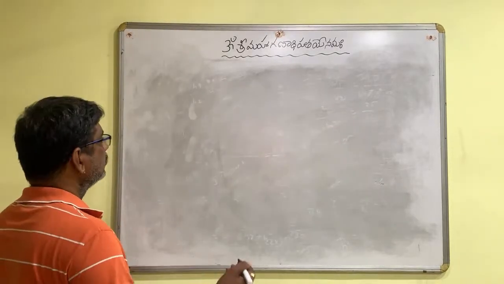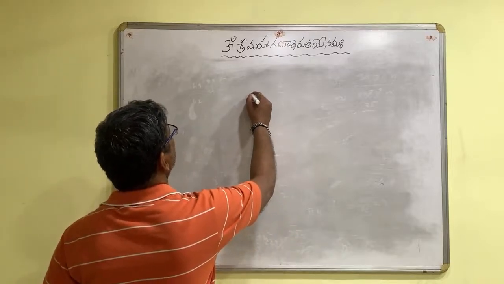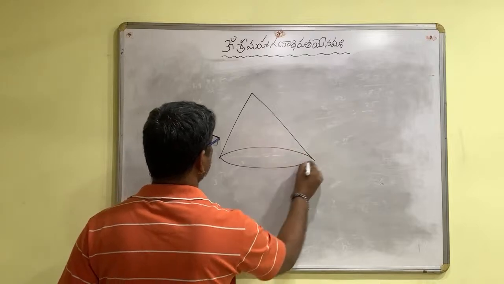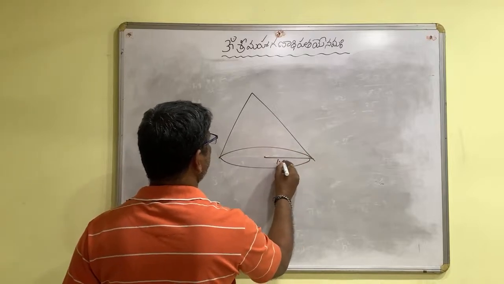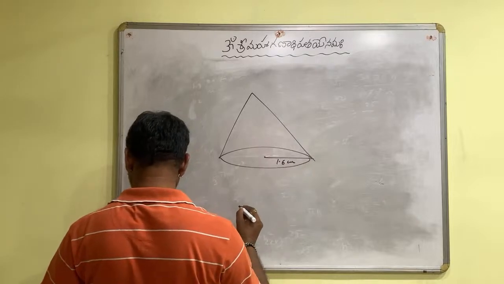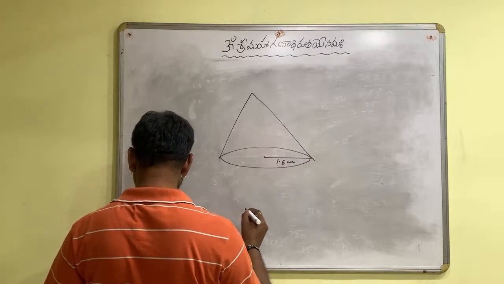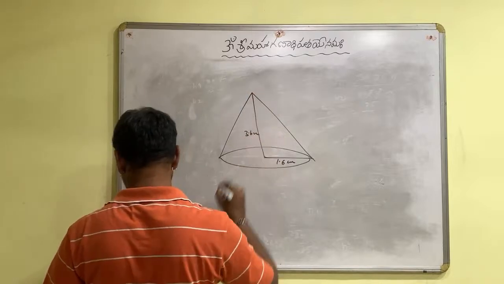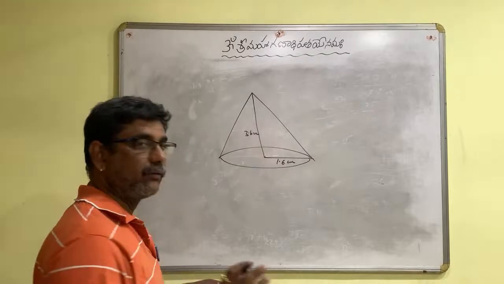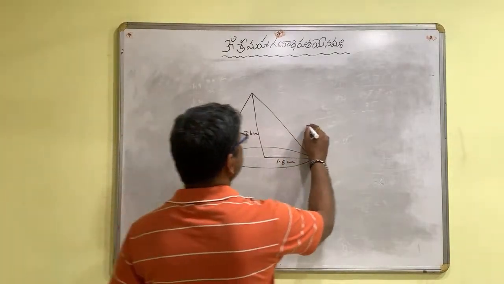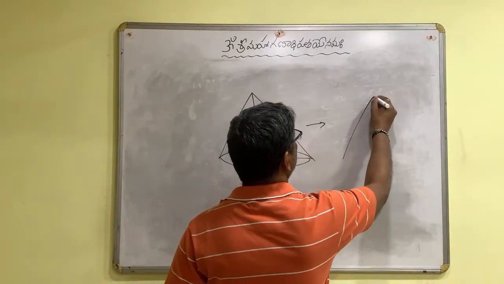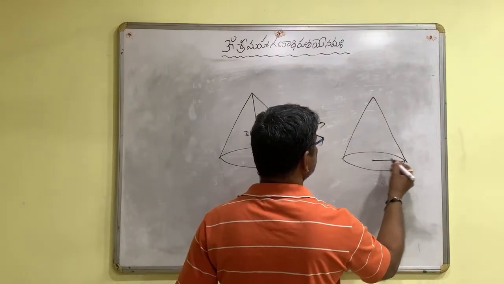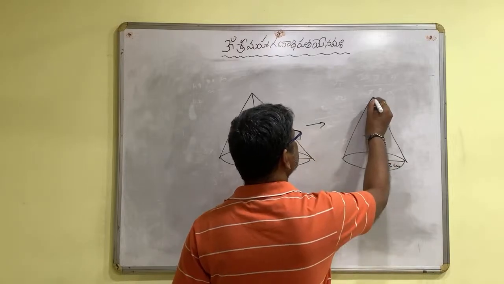See, there is a right circular cone whose base radius is 1.6 centimeters and height is 3.6 centimeters. It was melted and recast into another right circular cone whose radius is 1.2 centimeters.